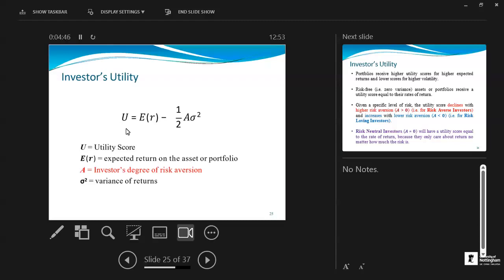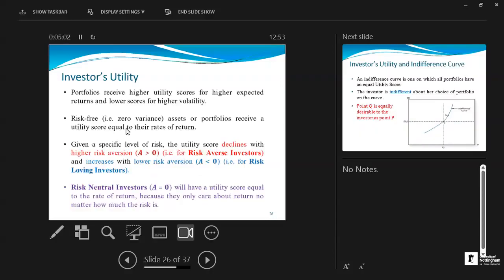So looking at this equation, what can we learn? The utility will be greater when expected returns are higher, and utility will be lower when risk is higher or when individuals' aversion to risk is greater. This is what I just said, written here on this slide.